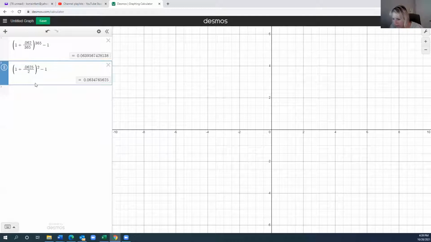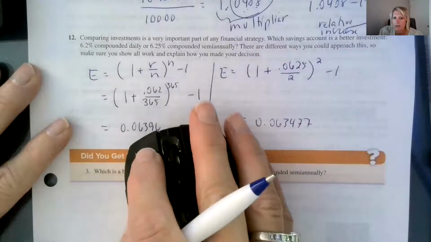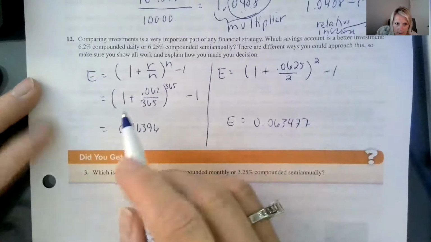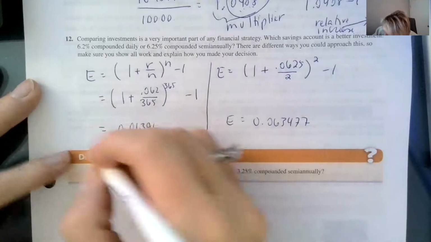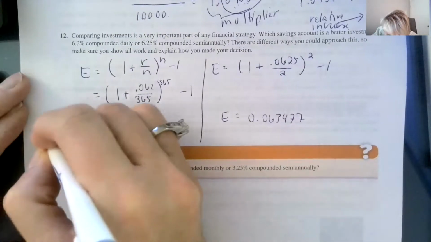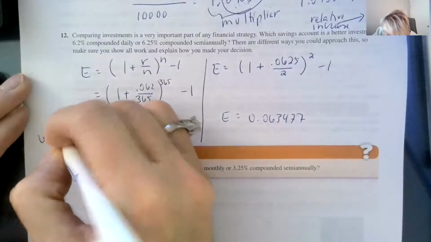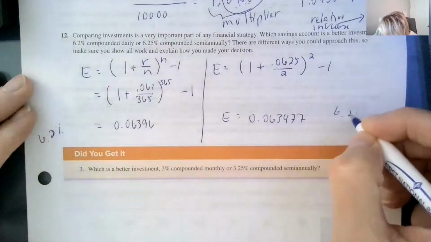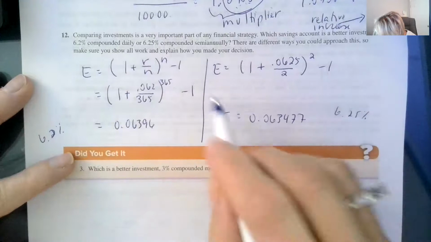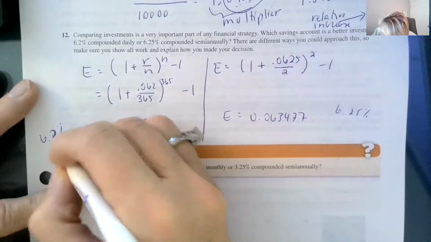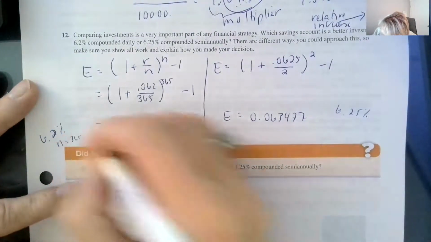So let's go ahead, get those jotted down, and go to our paper and do a little comparison here. Figure out which one is the better deal. So this was a 6.25%. I'm sorry, this was a 6.2%. This was the 6.25%. And this was compounded 365.